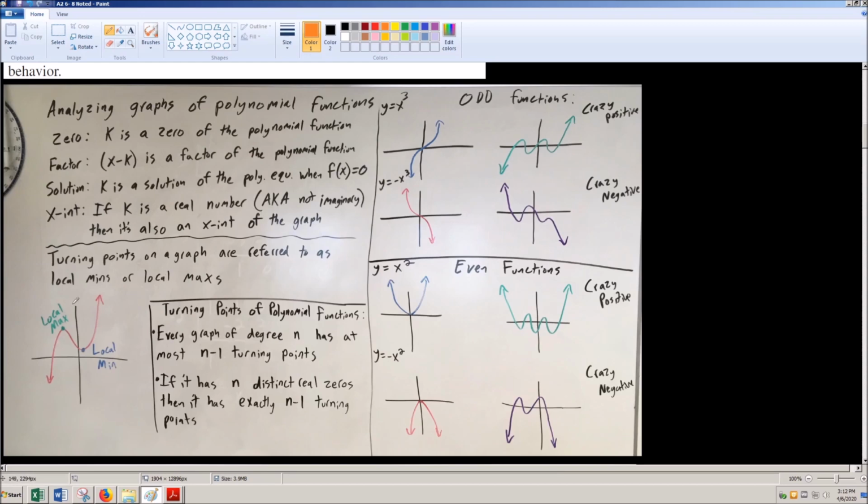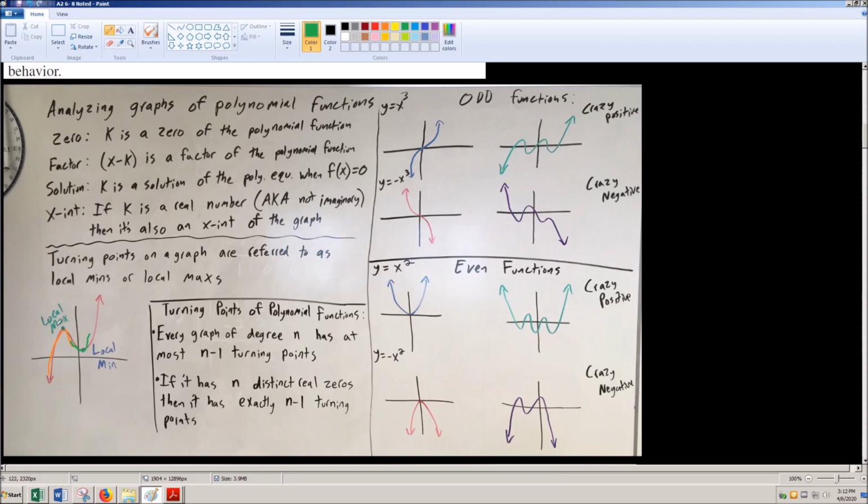So here I'm going to introduce two new concepts, which are a local min and a local max. A local max is just where this thing pops up and then comes back down. And I'm going to show you how to find that in a sec. And for local mins, it's the same idea, except now we're going down and then pop back up. So when we're looking at this, we refer to these as turning points. The turning points of polynomial functions: every graph that has a degree n has at most n minus 1 turning points.